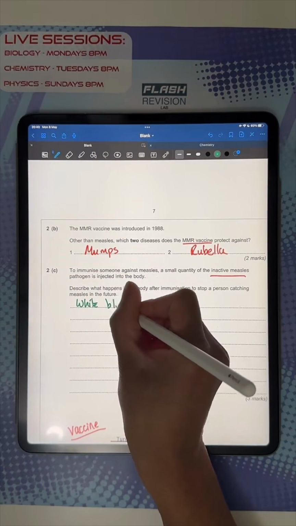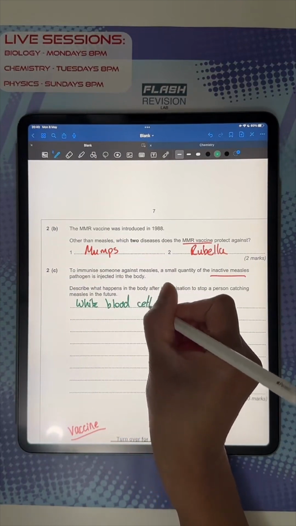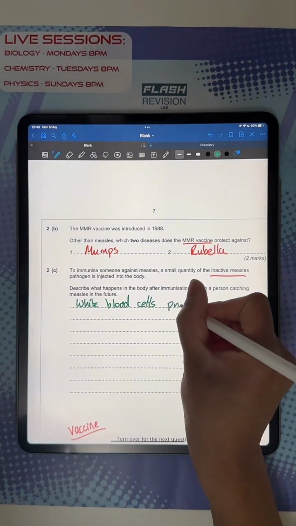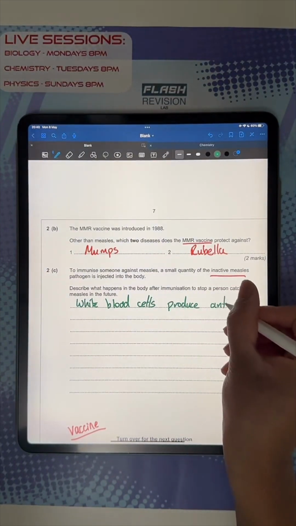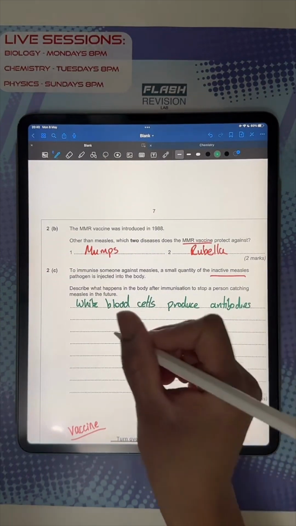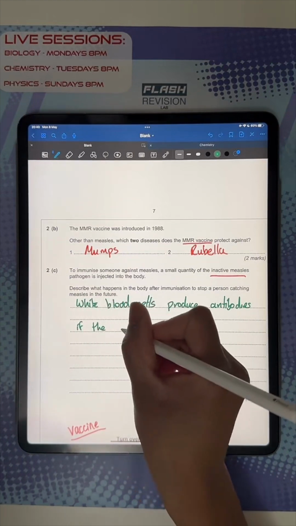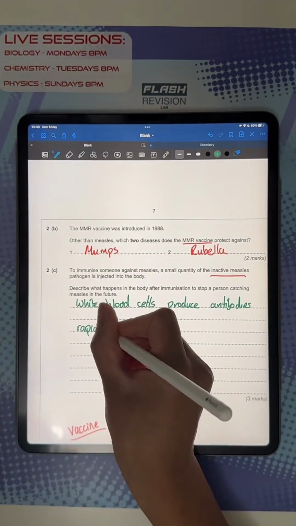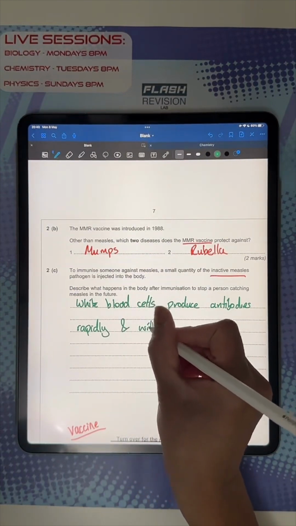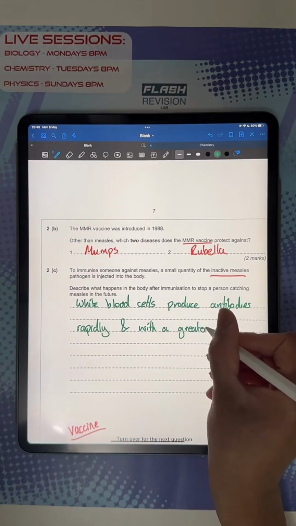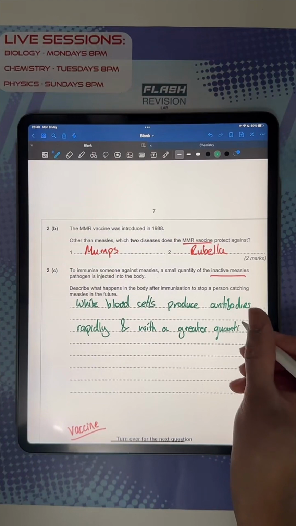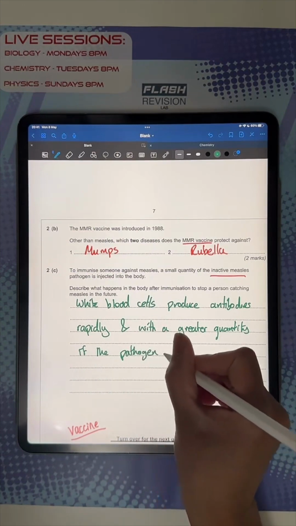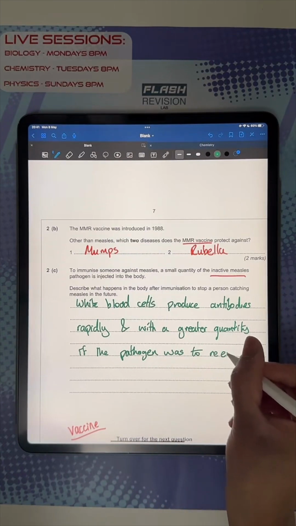So you can either say white blood cells, lymphocytes or memory cells produce antibodies rapidly and with a greater quantity, so greater amount, if the pathogen was to re-enter. Hope that makes sense, guys.